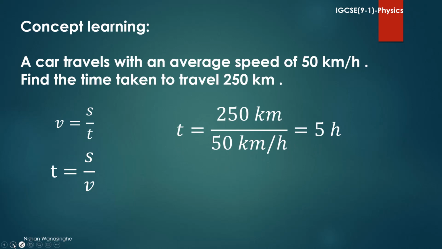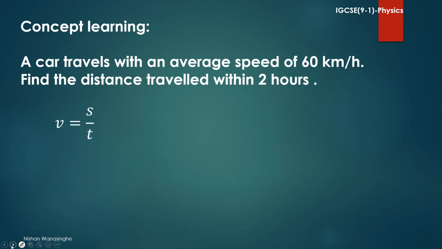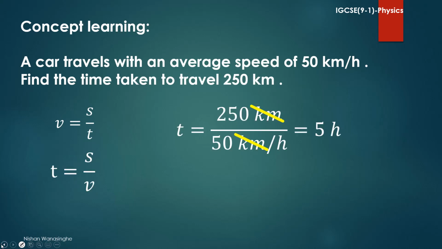Now t equals 250 kilometers divided by the speed 50 kilometers per hour. You get the answer 5 hours. So here you can see kilometers and kilometers cancel, right? The answer comes out in hours.